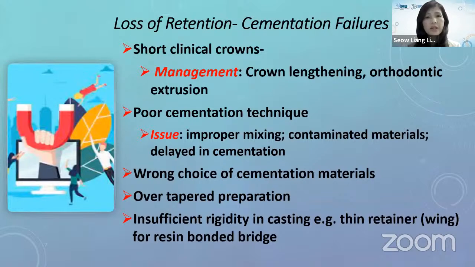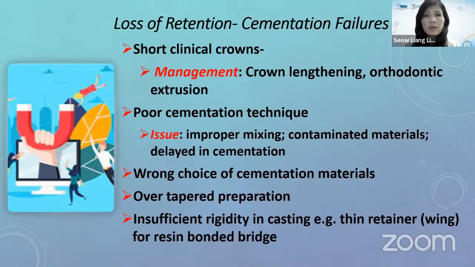And the other factor that may lead to cementation failure includes insufficient rigidity in the castings. For example, if we are providing a resin bonded bridge, the retainer, or more commonly we call the wing of the resin bonded bridge, is not thick enough. Although we use base metal, we still need to have sufficient thickness for the base metal so that it won't flex.